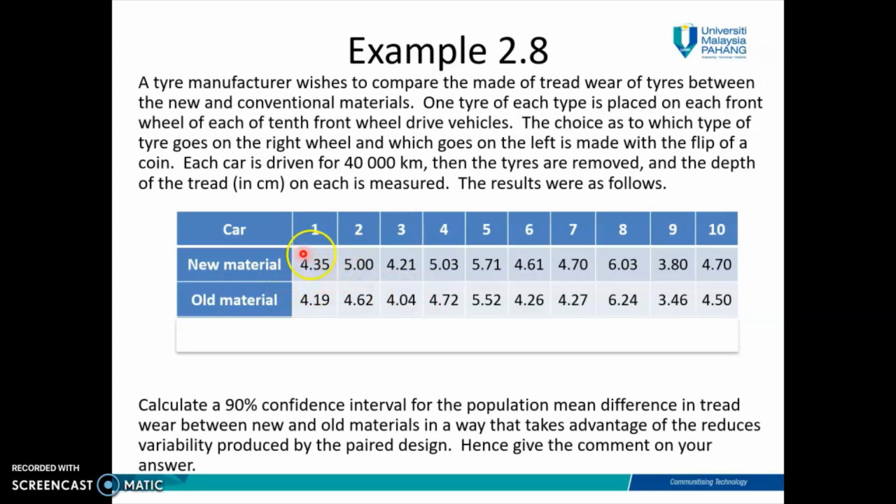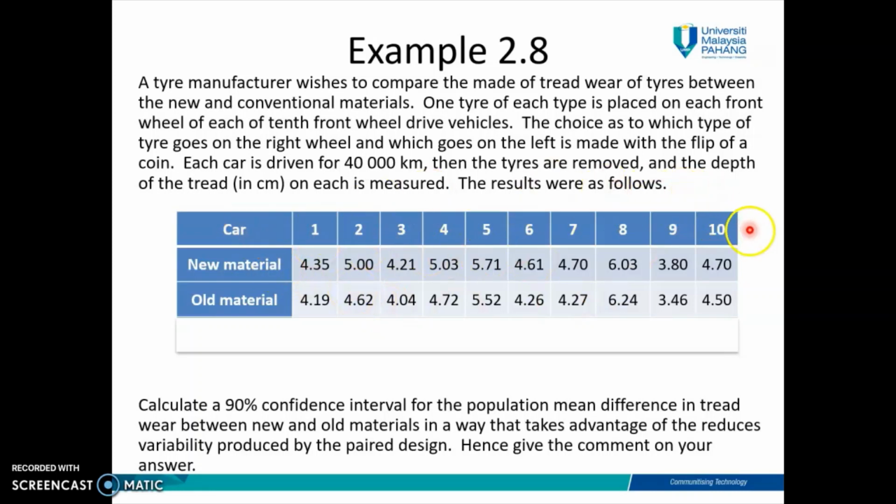So you see here the first data in the new material data set comes from the first car, and the first data from the old material data set also comes from the first car. This measurement and this measurement were both taken from the same car. Alright, so in other words, these two data sets were measured from the same car.